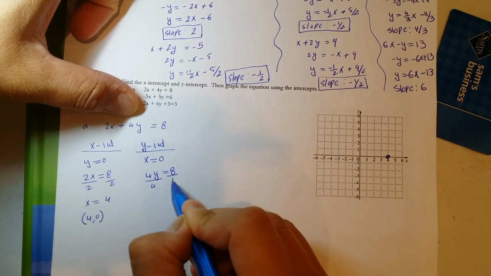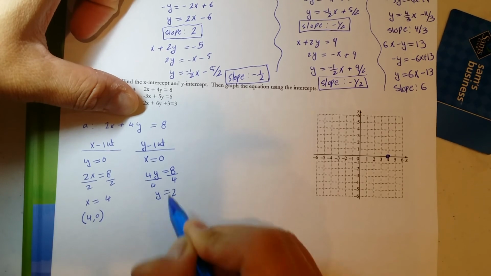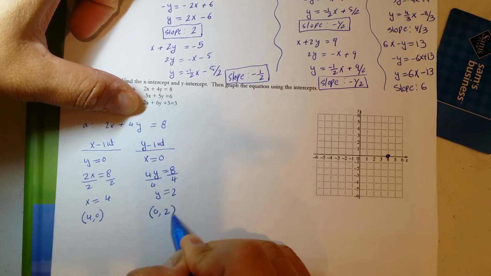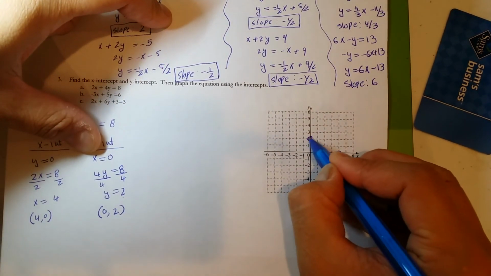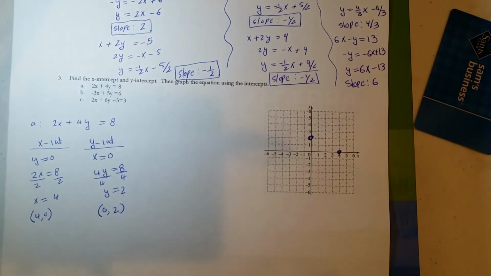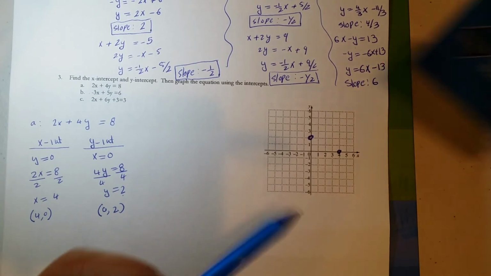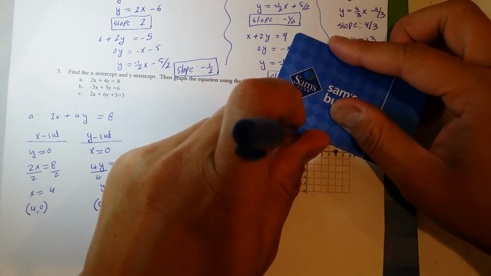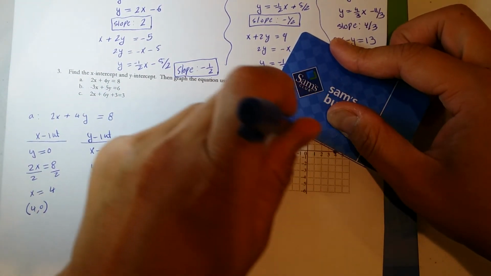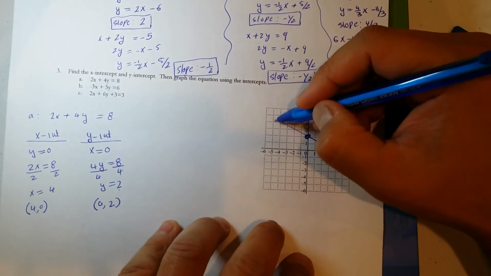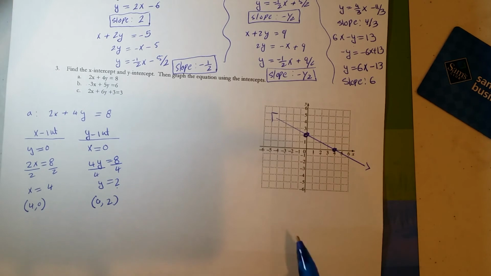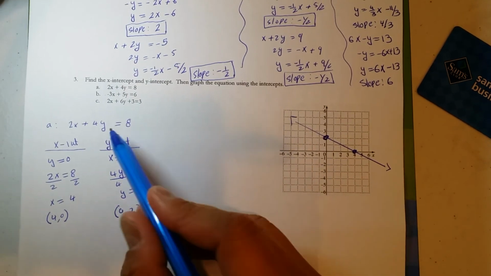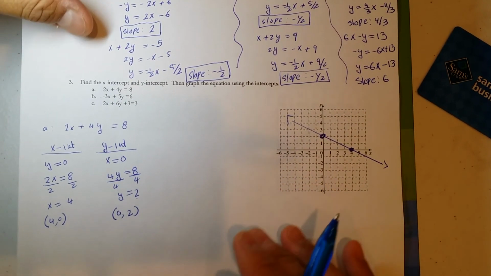Divide both sides by 4. y equals 2. 0, 2 is your y-intercept. This is called graphing using the x and the y-intercept. We have 2 points. Take these 2 points and connect them with a line, and you are done. You have graphed an equation using the x and the y-intercept format.